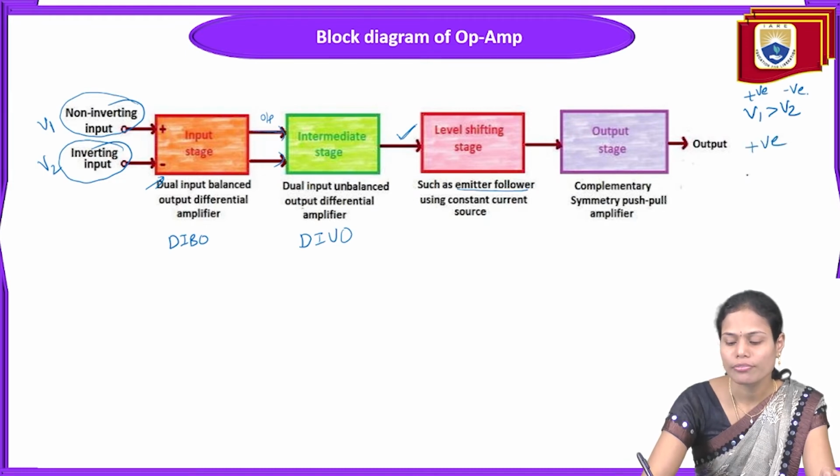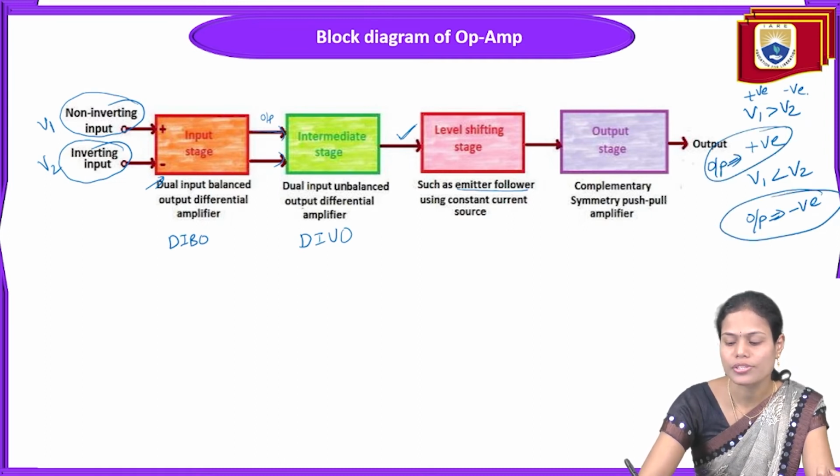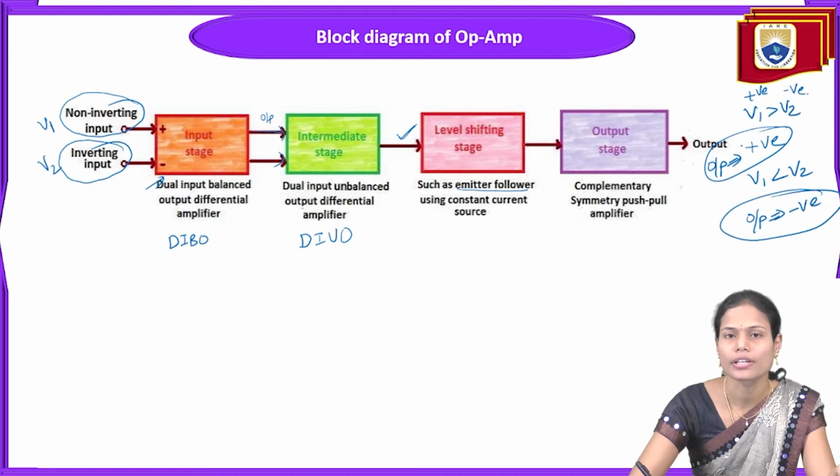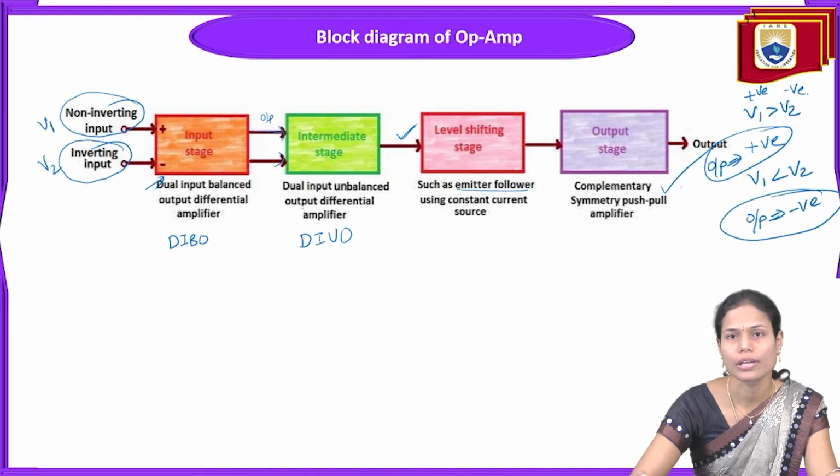Or else, if V1 is less than V2, meaning the negative value is higher than the applied positive voltage, then I will get a negative output. So depending upon the applied input voltages, we get a positive or negative output in the operational amplifier. To make that particular difference, we utilize the complementary symmetry push-pull amplifier.